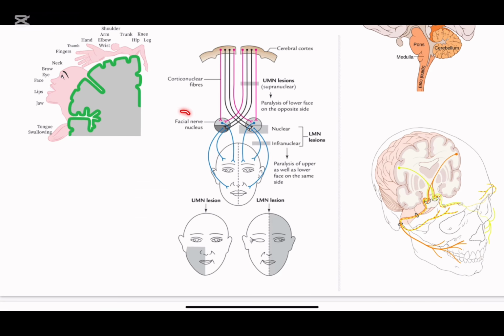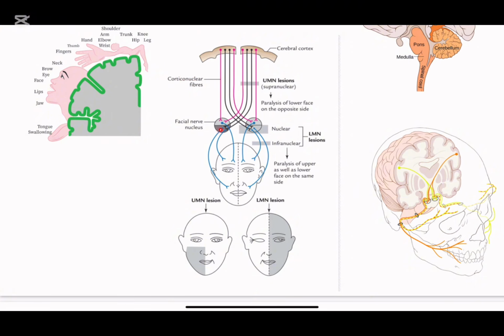We know the facial nerve nucleus is located in the lower portion of the pons. It has two parts, upper and lower. The upper part is innervated by the corticonuclear fibers from the same side and from the opposite side. You can see here this is in pink color.